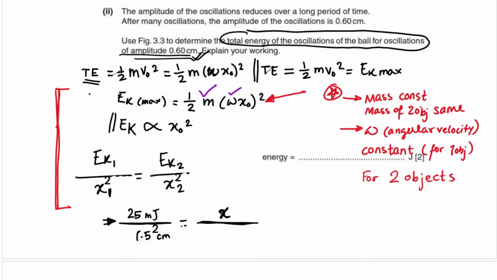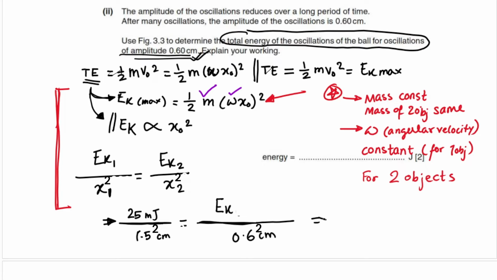And we know that maximum kinetic energy is equal to the total energy of the ball. We can do this analysis using the maximum kinetic energy concept. So for the maximum kinetic energy, displacement will be 0.6 centimeters here.